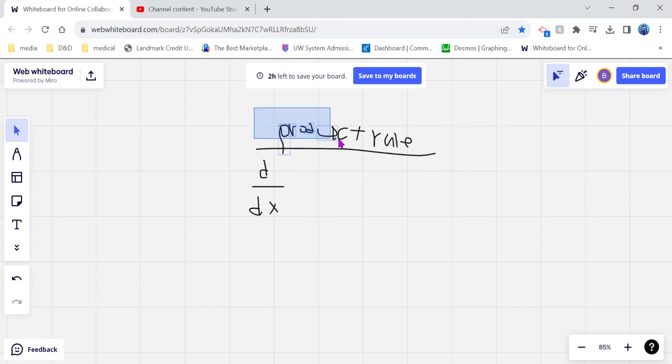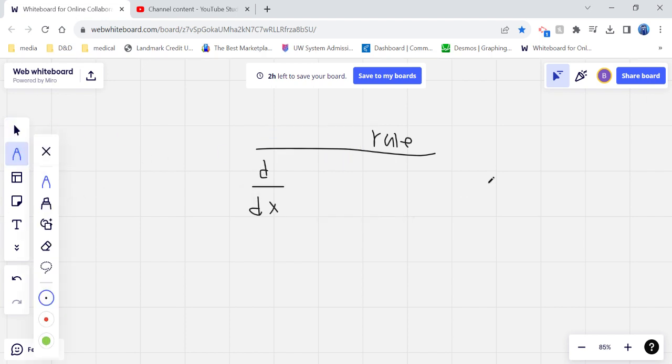So the next rule I'll be discussing is basically the opposite of this. The first one discussed what happens if we have the product of functions. And this next one is what we call the quotient rule.